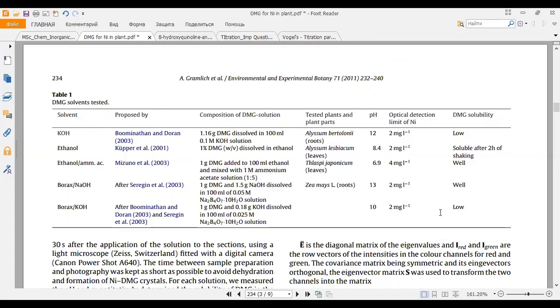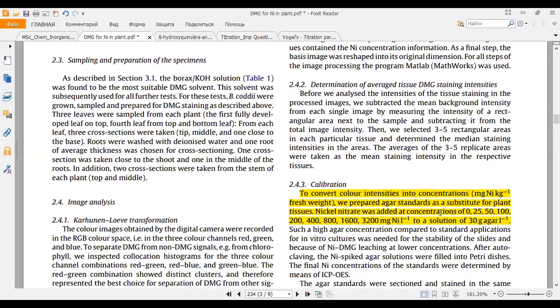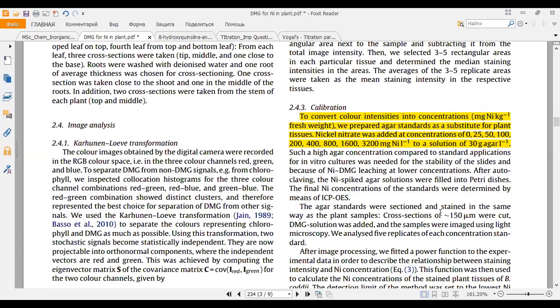So I'm ignoring most of this part because we are just interested in some of them. So the calibration is one of the things that you have to understand to convert color intensities into concentration. So basically you are getting the color intensity and you are converting that intensity into the concentration, okay? So first, you have to calibrate it.